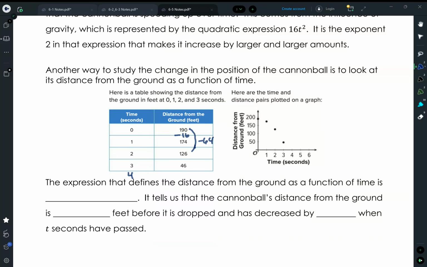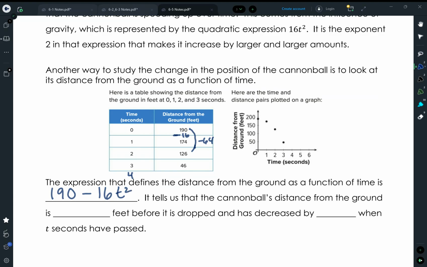So the expression that defines the distance from the ground is a function of time. We still have that 16t squared from how it's traveling, but we're starting at 190. So it's almost like having a y-intercept. And because we're subtracting, I'm going to take 190 and write minus 16t squared.